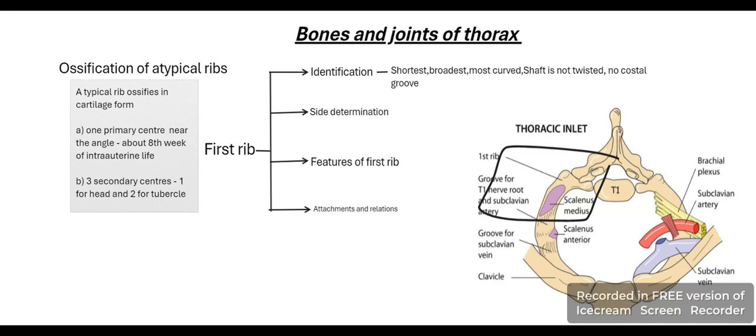See, this is the head, which is attached to the T1 body of the thoracic vertebrae. It is rounded and articulates with the body of the first thoracic vertebra. The neck is round and directed laterally, upward and backward. This is the neck.